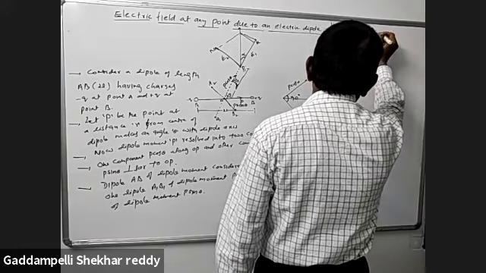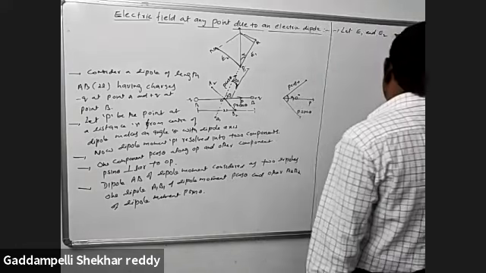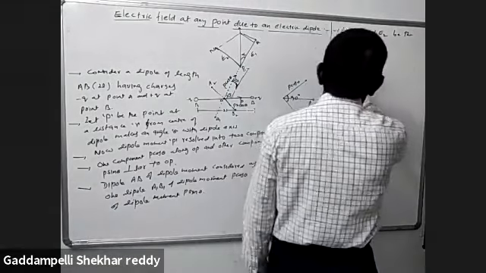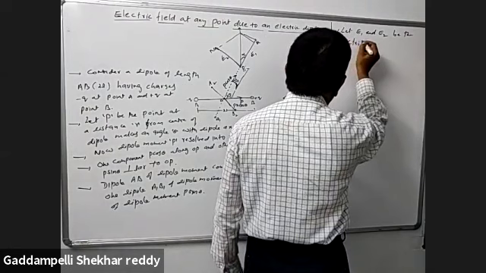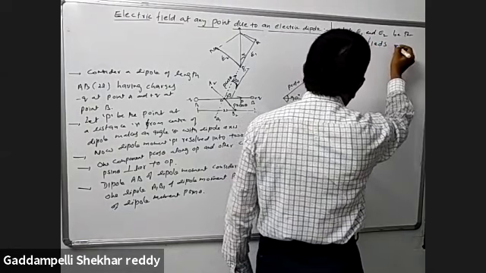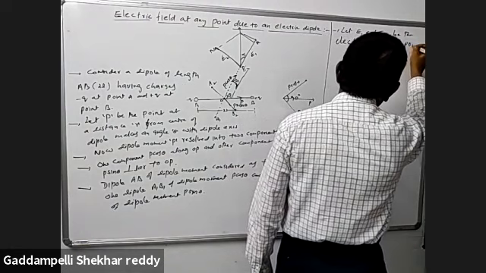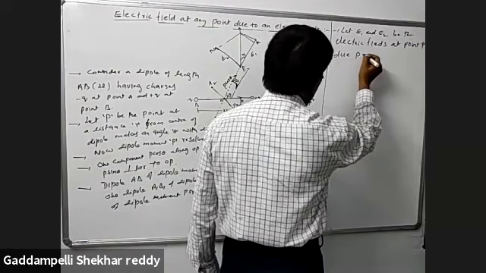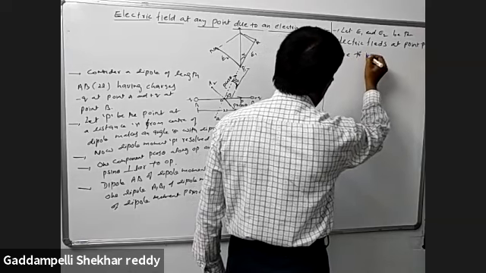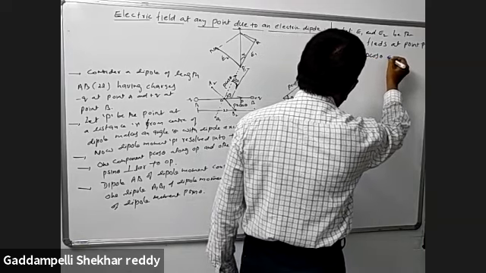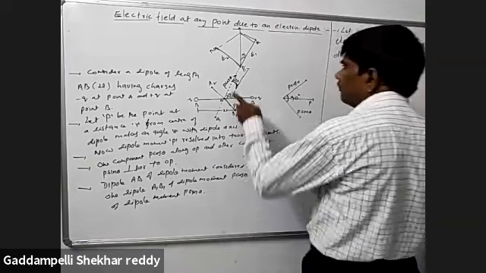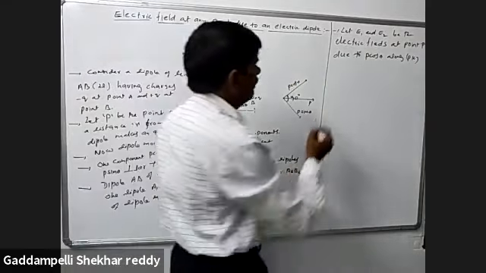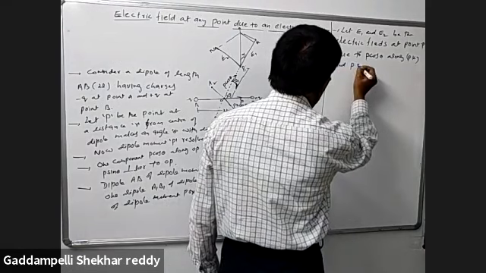Let E1 and E2 be the electric fields at point P due to P cos theta and P sin theta.